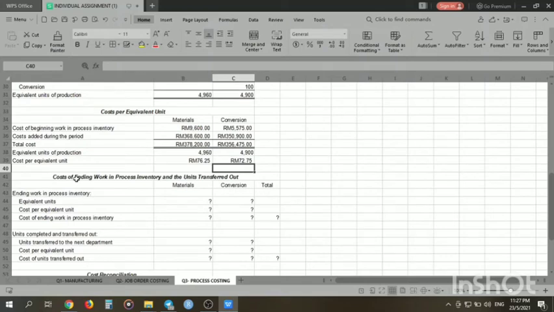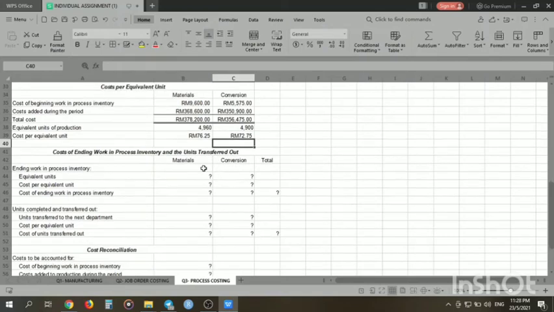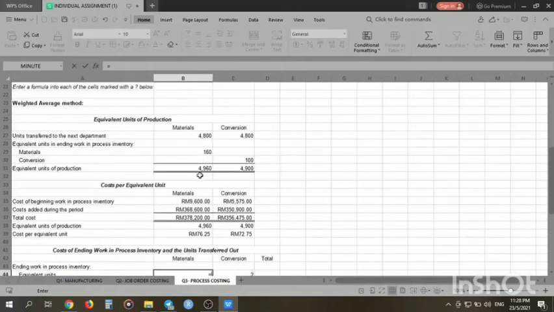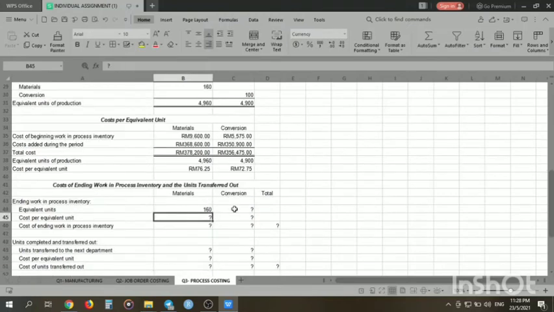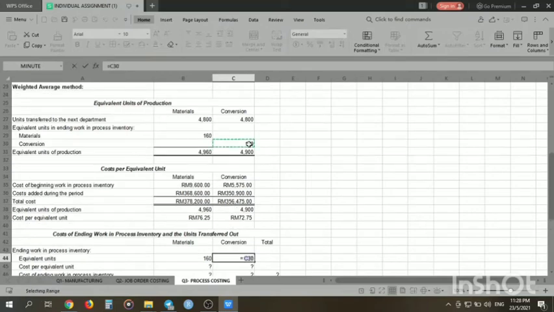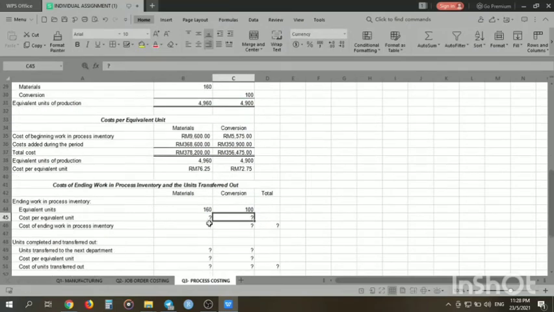Alright, for cost of ending work in process inventory and the units transferred out, for materials, ending work in process inventory for equivalent units should be 160, and for conversion cost 100. For cost per equivalent unit, we just took this amount.